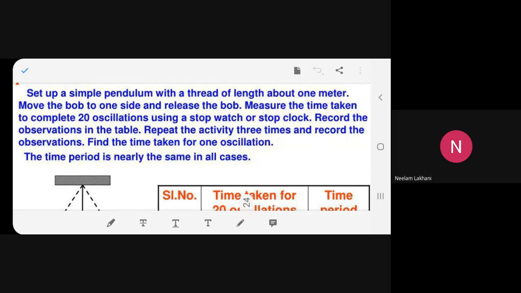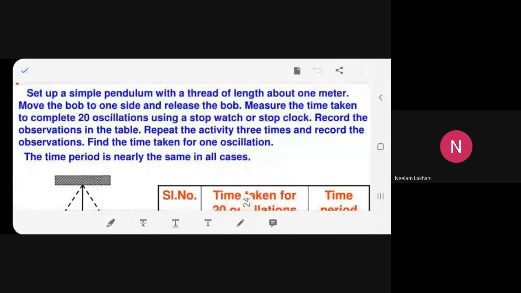What are we doing? We are taking a simple pendulum. So we make an experiment with a simple pendulum. How much length of thread will be? 1 meter length. And we will attach the bob to one end of the pendulum. We will pull the bob to one side and release it.